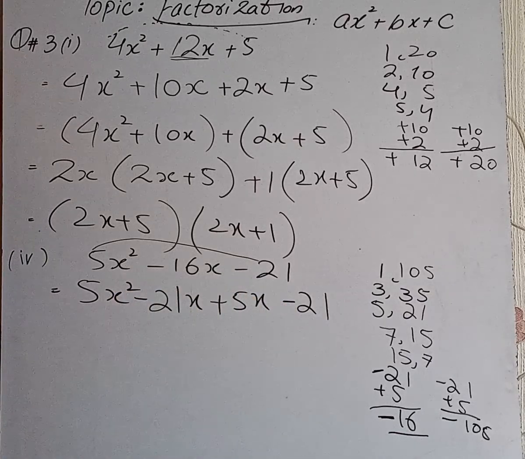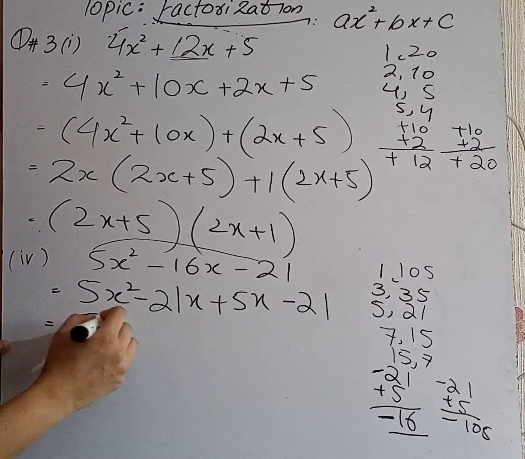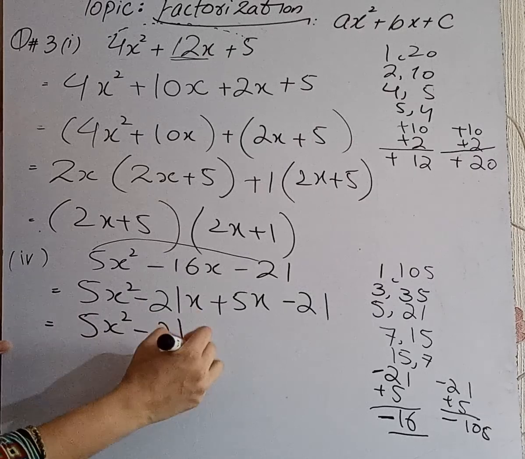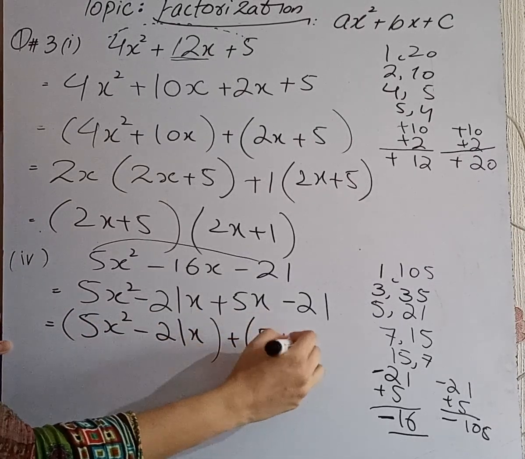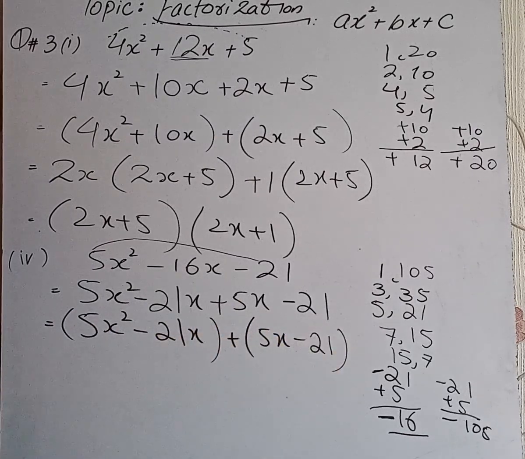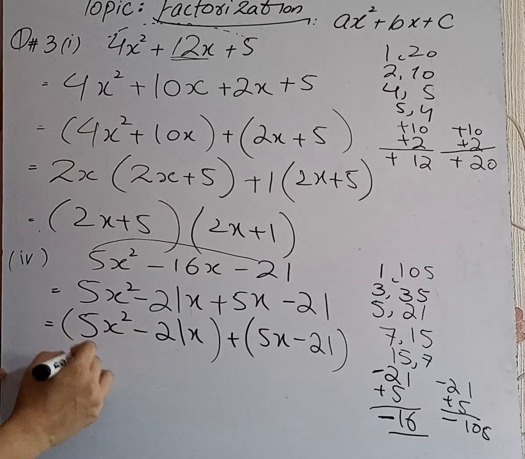Okay, after this we are going to make the pairs, the first two and the last two terms: 5x squared minus 21x, plus 5x minus 21. From 5x squared minus 21x, that is the first pair, we are going to take the common from here. 5 and 21 are not divisible by any one real number, so x squared and x, the common is x.